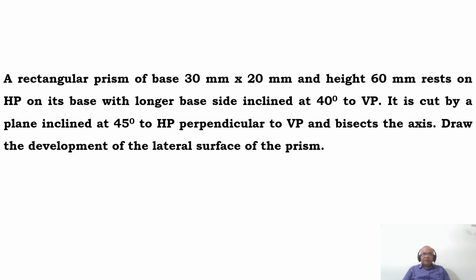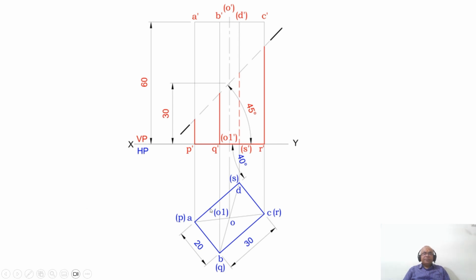How to solve this? In the initial position, you make the rectangular prism, that is the rectangle, one of the rectangular faces. Which rectangular face are we talking about? ADSP. This is a rectangular face which is perpendicular to HP and inclined to VP.